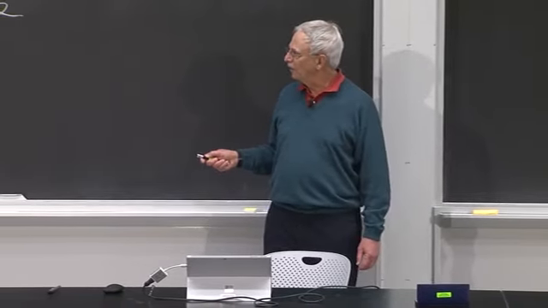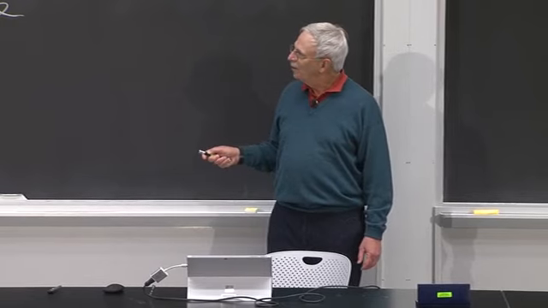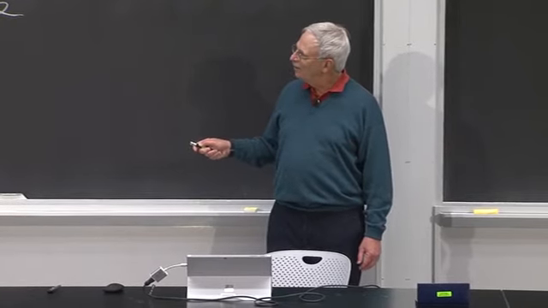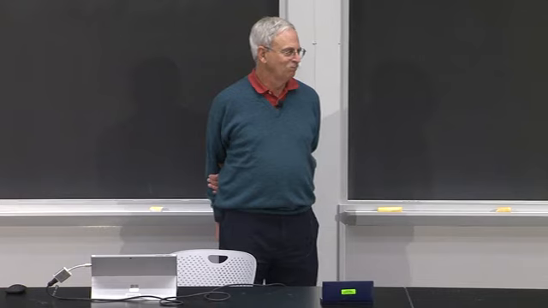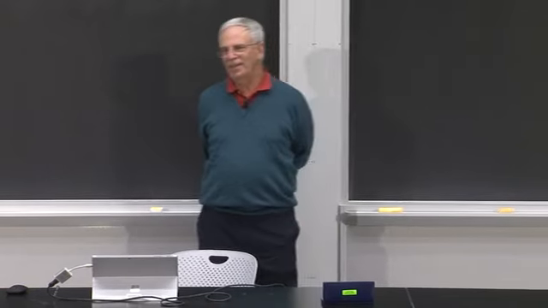Who knows exactly, but pretty good. And then the masochistic drunk seems to be moving at a rate of num steps times 0.05. Kind of a less intuitive answer than the square root. Why do you think it might be doing that?